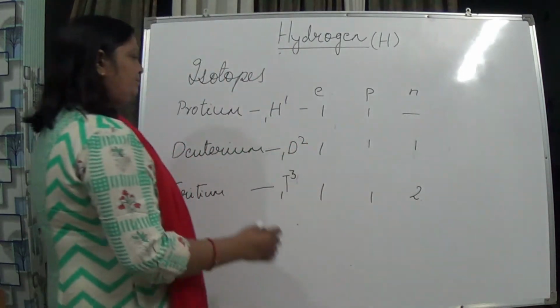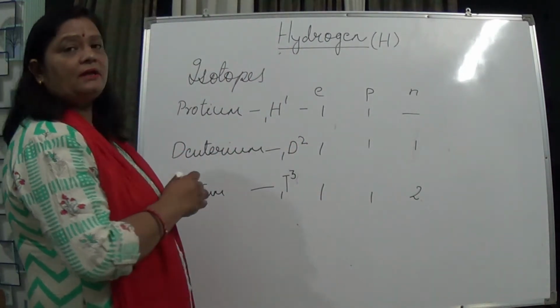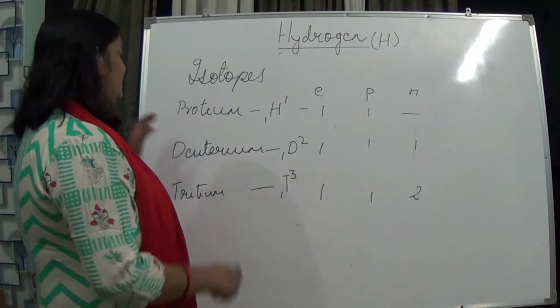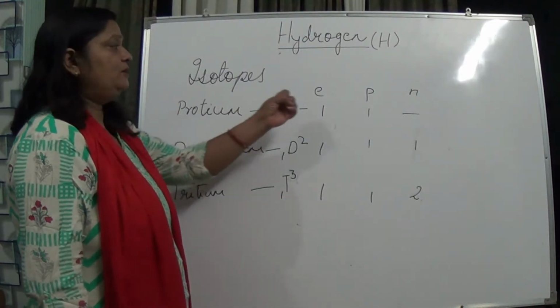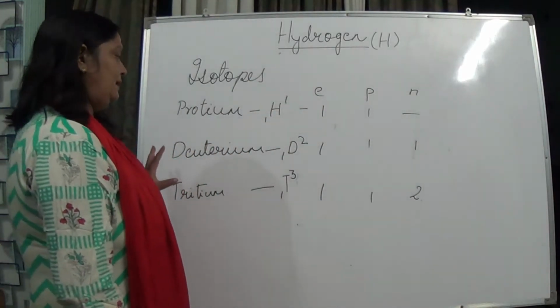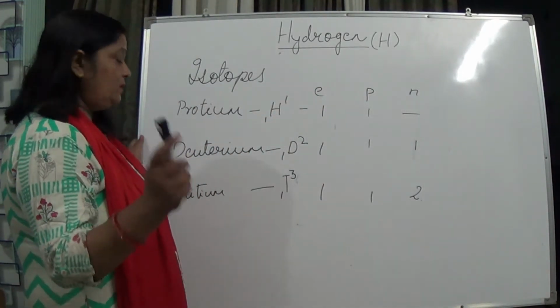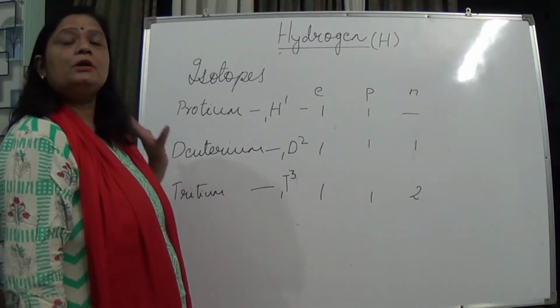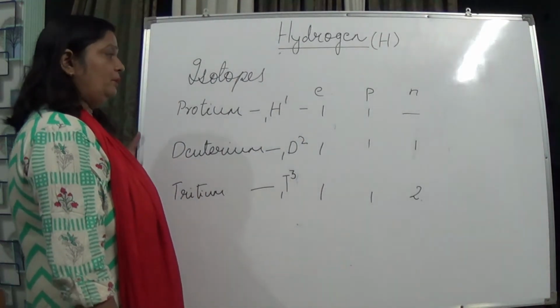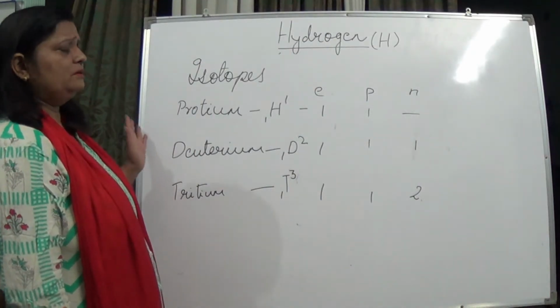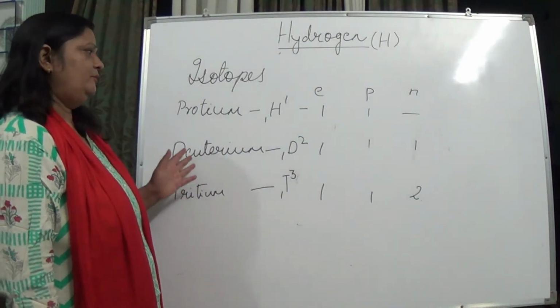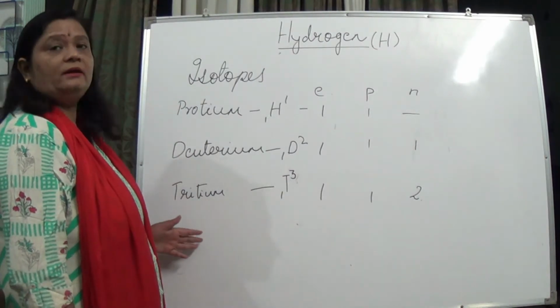So we can see there is a difference in the number of neutrons in all three: protium totally lacks neutrons, deuterium has 1 and tritium has 2. These are the isotopes, and according to the atomic mass, we can compare how heavy they are.